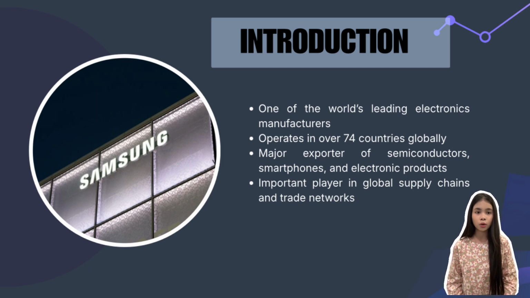It depends on international logistics, trade regulations, and efficient supply chain management to ensure products are delivered smoothly on time. This makes Samsung a good example for this case study, as it shows how a multinational company handles trade operations, manages risk, and maintains efficiency in international business.